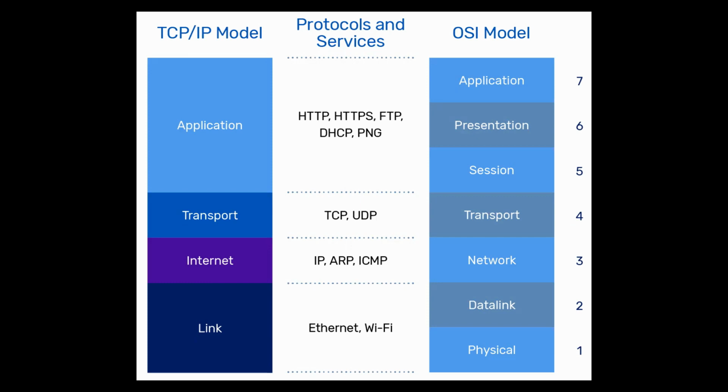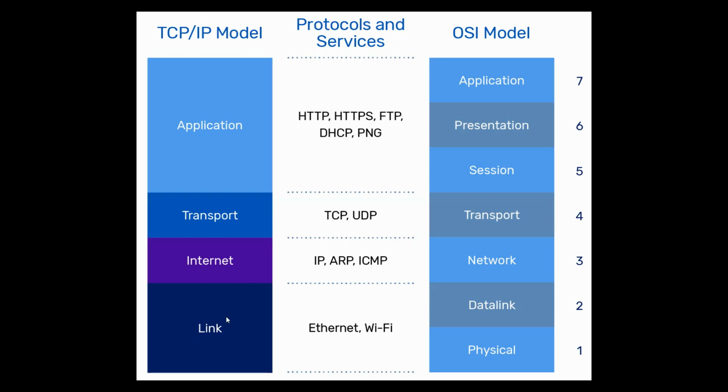And these two models basically seek to put into context the various networking devices and protocols that exist in computer networking. And one which is of particular interest in Nmap is the transport layer, the TCP and UDP. But we have different devices and protocols existing at different layers.